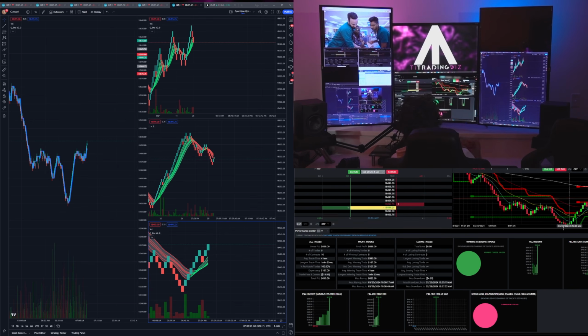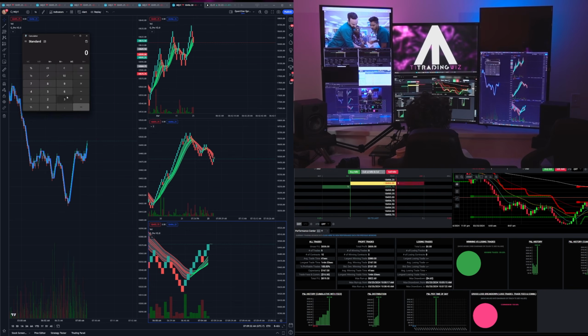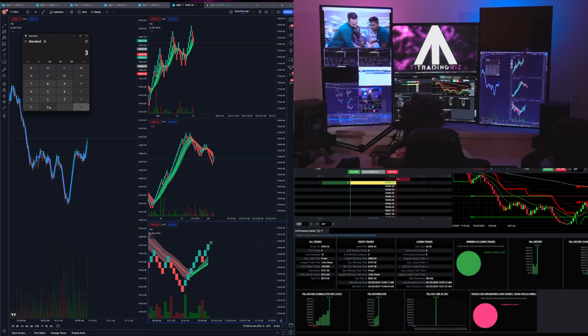You can only take like $300 profit a day, and if you do that times 20 days, if you can average in that $300 range, you're still racking up like $6,000, which is great.